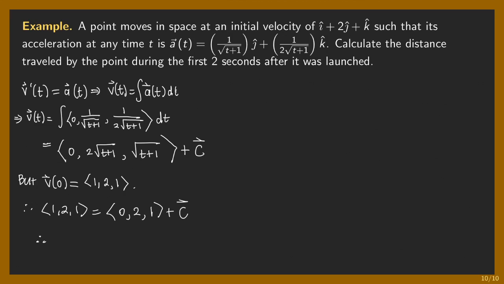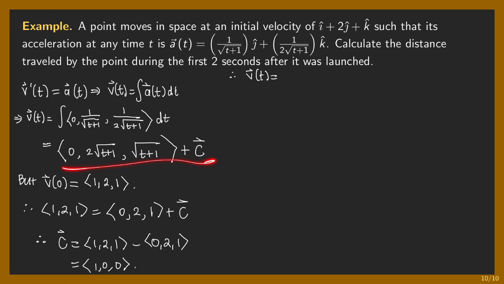So what should be the value of the vector c? 1, 2, 1 minus 0, 2, 1, we get 1, 0, 0. Is that correct? Yeah. So therefore, our velocity function is, let's go back here, i-add mo yung plus c, magiging 1, 2 square root of t plus 1, square root of t plus 1.